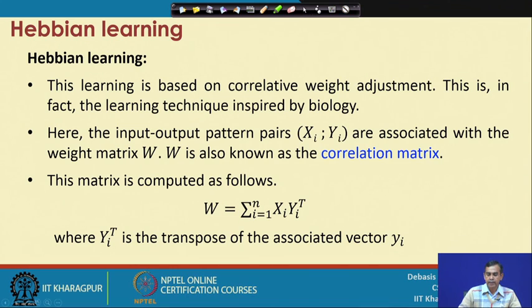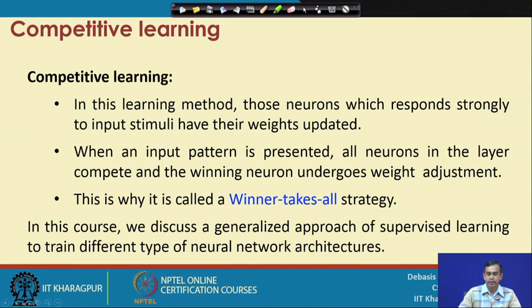Then there is the competitive learning. In case of competitive learning, for a certain input we see which neurons respond very strongly, that means the summation of the values is very strong, and then it will decide these values as the learning parameter, or the neural network parameter, for that particular neuron which responds strongly to a particular input.